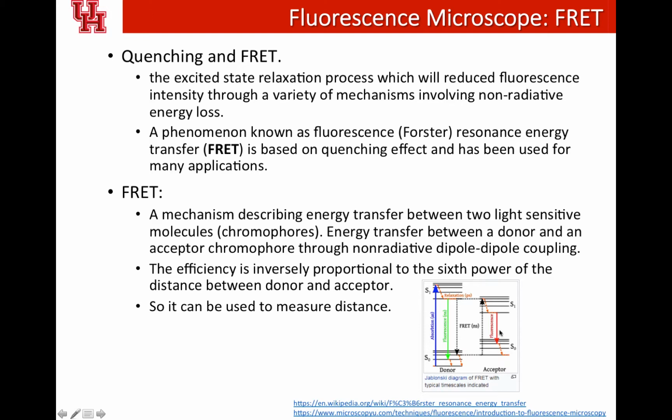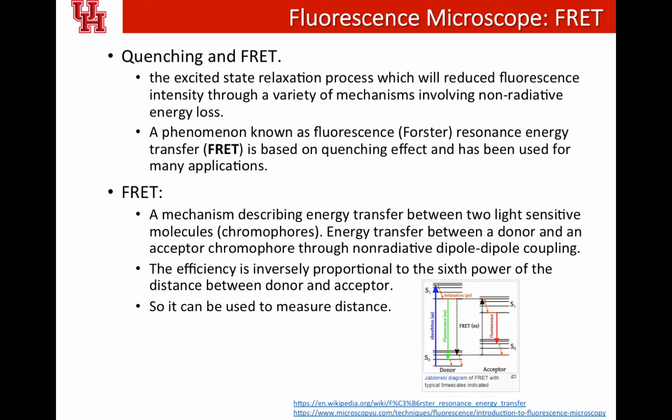So if there's no acceptor close to your donor, the donor will get excitation and re-emit green fluorescence light. Now if the acceptor is getting really close to your donor, instead of green fluorescence, the energy will transfer to the acceptor, and it will re-emit red fluorescence. So you see different wavelength re-emission light.